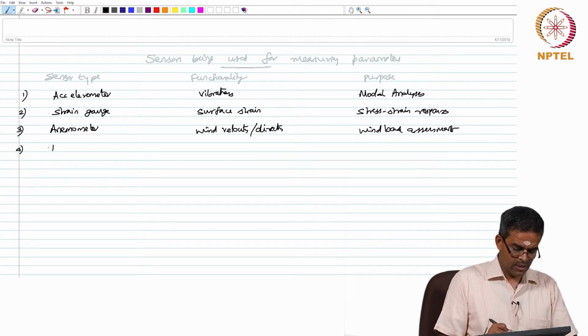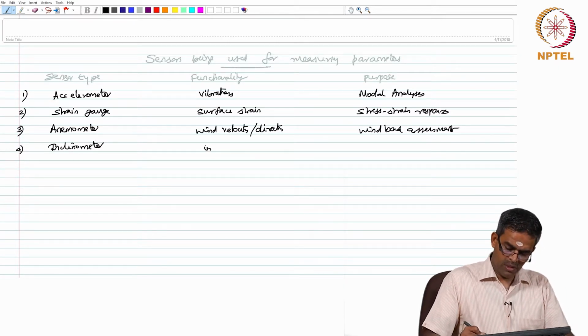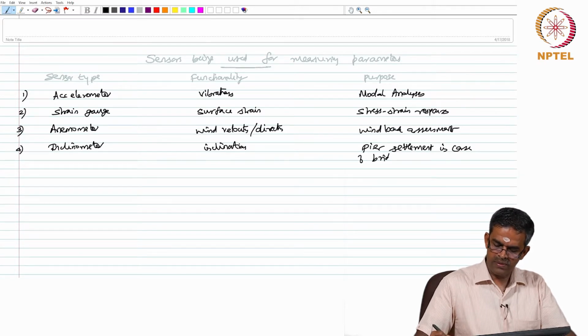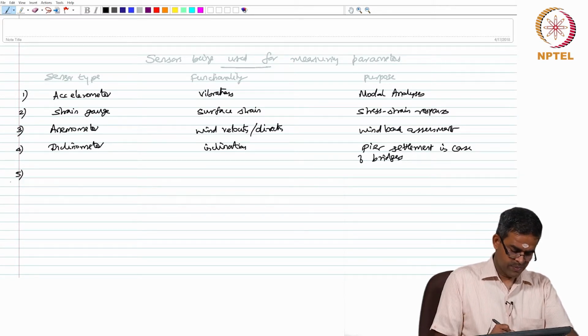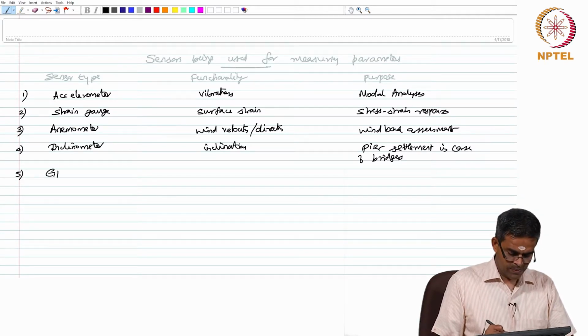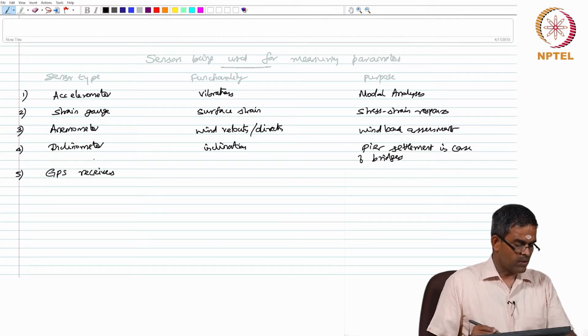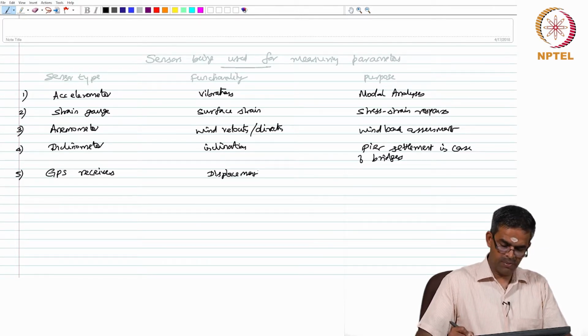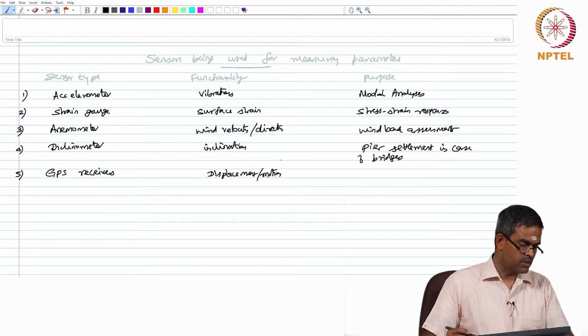The fourth could be an inclinometer, which actually measures inclination, which is useful to characterize the pier settlement in case of bridges. Fifth could be GPS receivers. The functionality is to measure displacement and response.